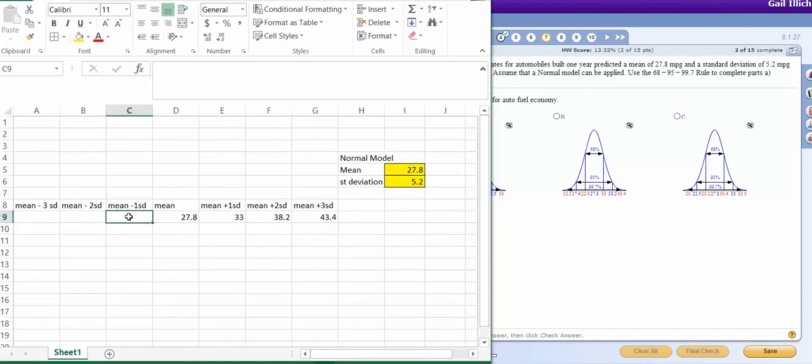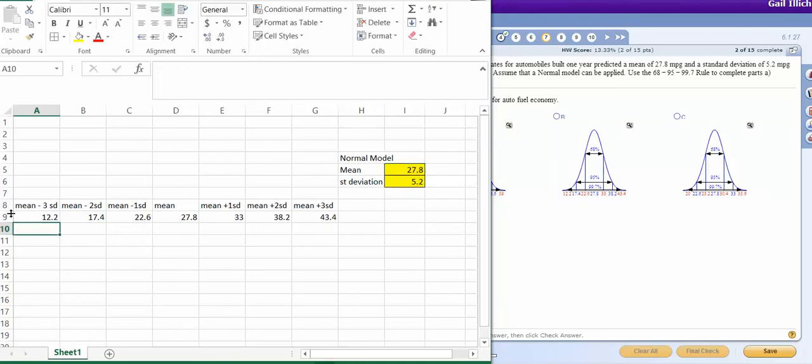And then here I'll just do mean minus 1 standard deviation. And then I'll continue that here. So equals, you click on I5 minus 2 times I6, and then finally equals I5 minus 3 times I6.